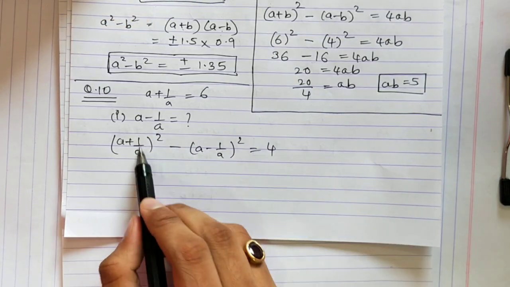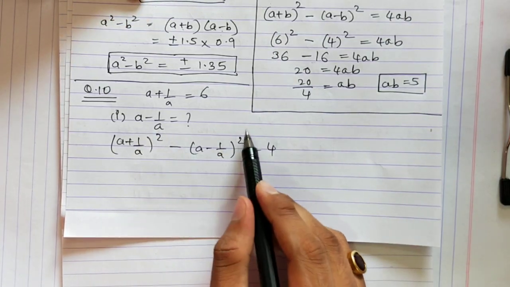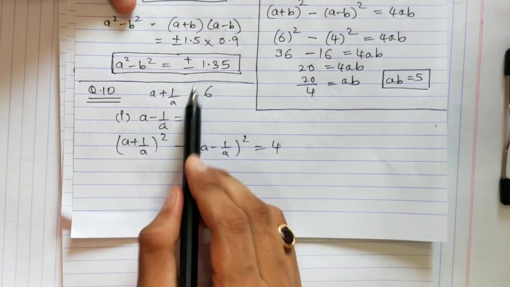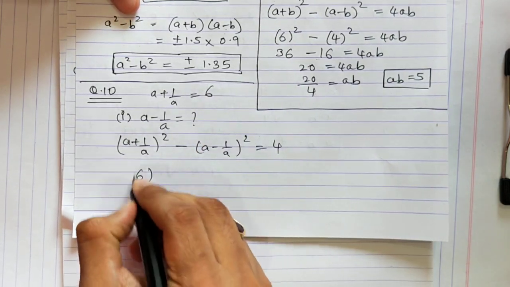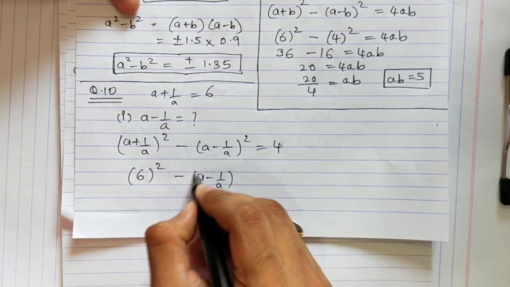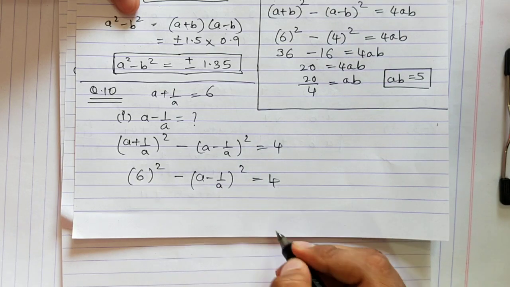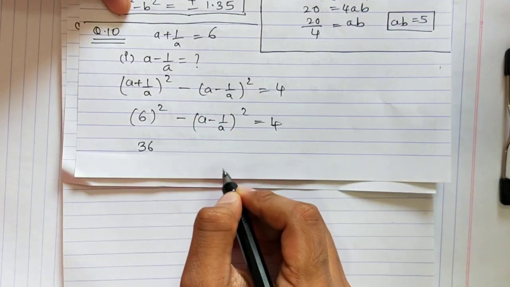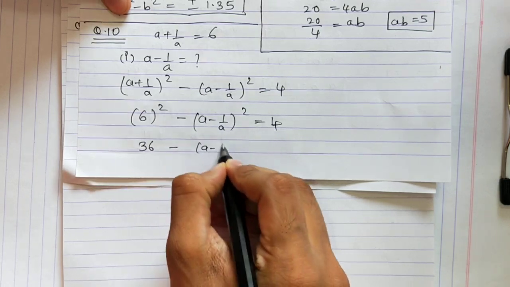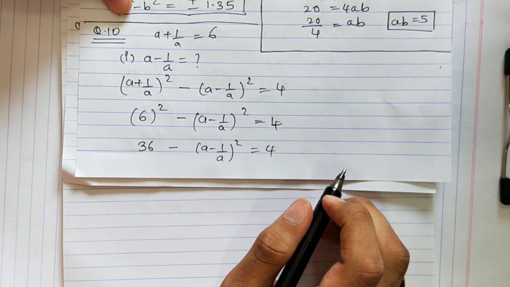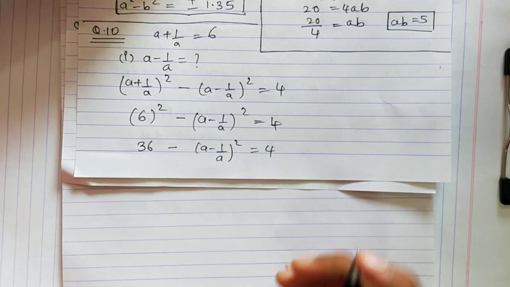The formula is: (a plus 1 upon a) the whole square minus (a minus 1 upon a) the whole square equals 4. So a plus 1 upon a is 6. 6 square minus (a minus 1 upon a) square equals 4. 6 square is 36 minus (a minus 1 upon a) square equals 4.